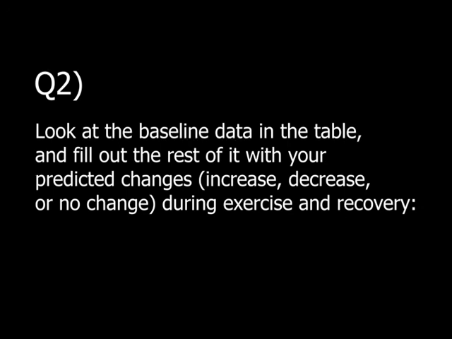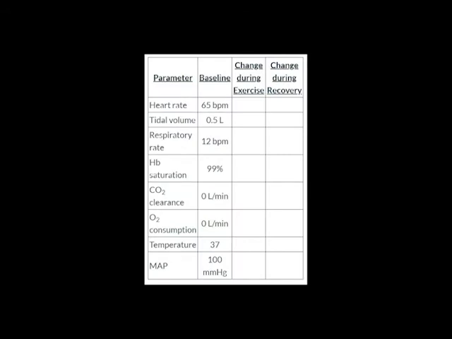Question 2 asks, look at the baseline data in the table and fill out the rest of it with your predicted changes, increase, decrease, or no change during exercise and recovery. Looking at the table, during exercise, everything except HB saturation, which is your hemoglobin saturation, increases.